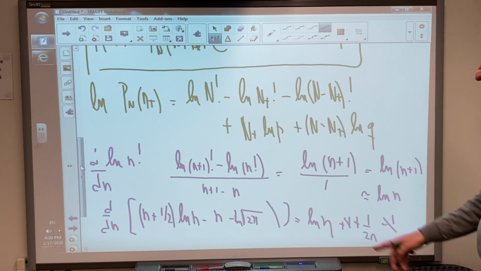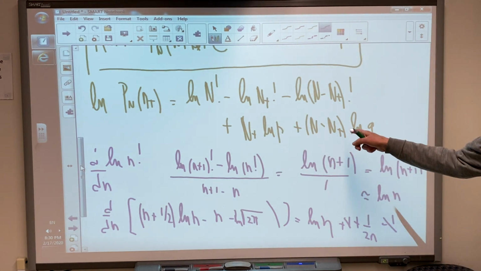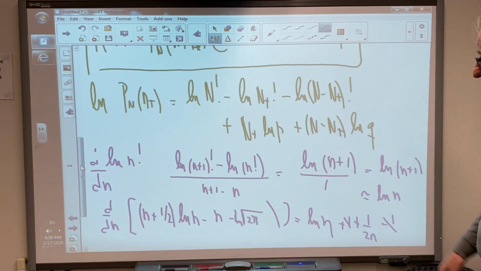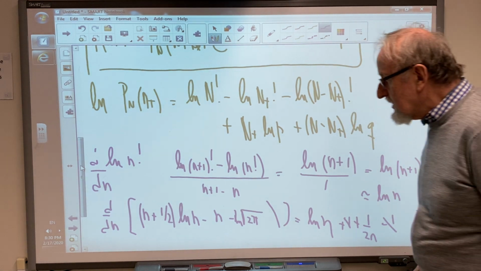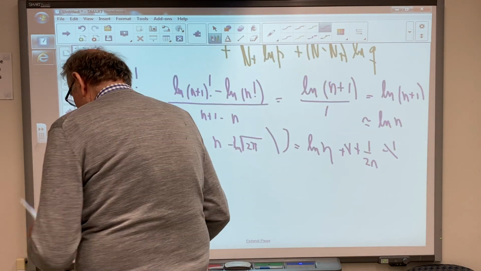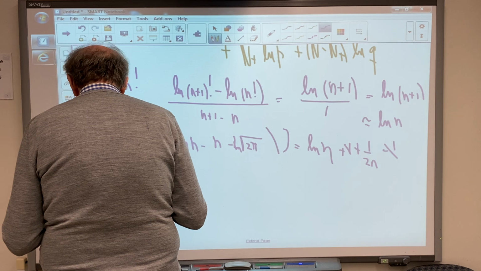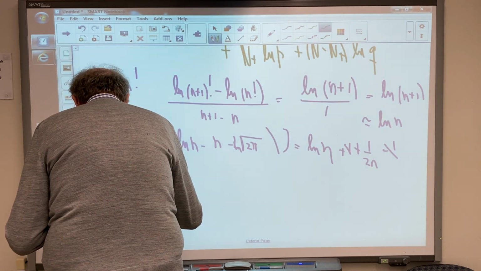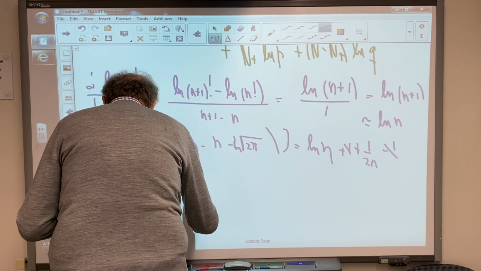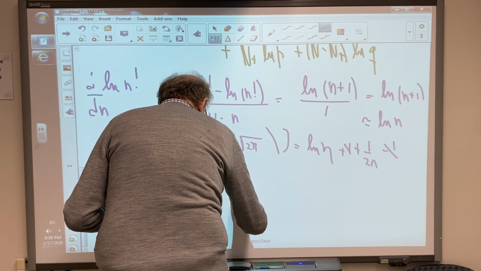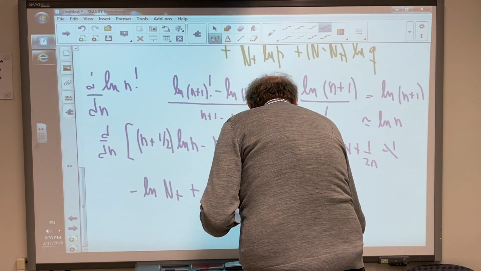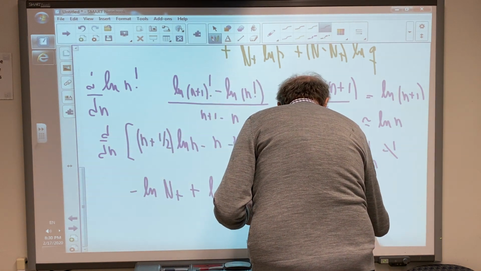And here I will get ln p, and here I will get minus ln q. Because I'm deriving with respect to n plus. So let me write that result. So the whole derivative, I get what I just said with words: minus ln n plus factorial plus ln n minus n plus factorial plus ln p minus ln q.